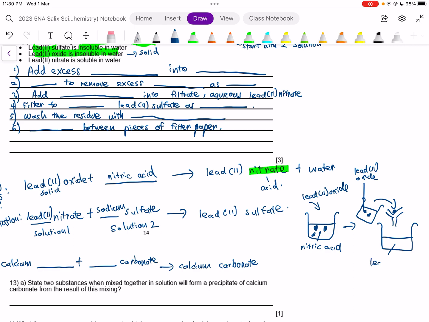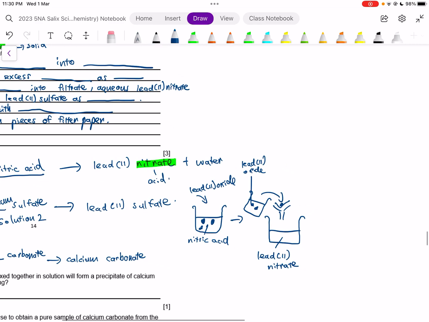Then you get lead 2 nitrate. So this is lead 2 nitrate, then you use this for the subsequent reaction. Then you add in your sodium sulfate as discussed earlier.